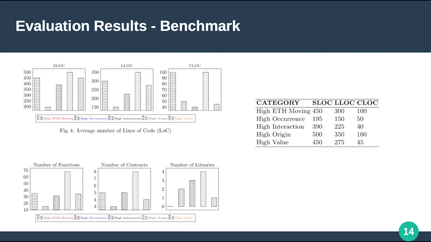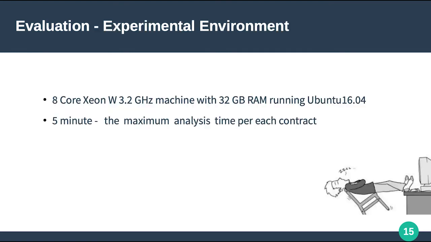Here you can see more details about our benchmark set in terms of average number of lines of code, ETH moving, origin interactions, and so on, including the number of libraries and number of contracts. You can also take a look at the paper for further details.